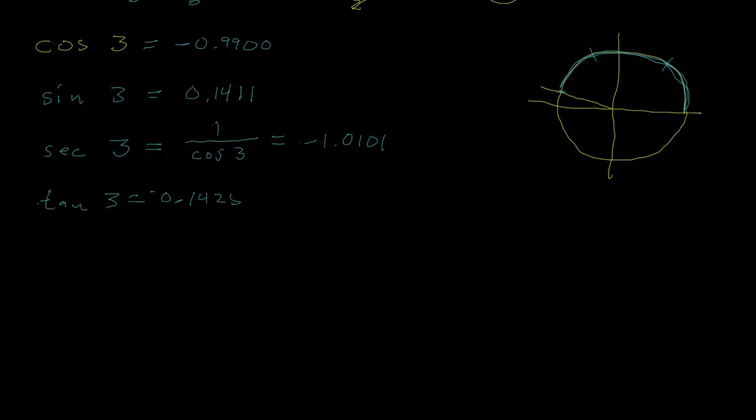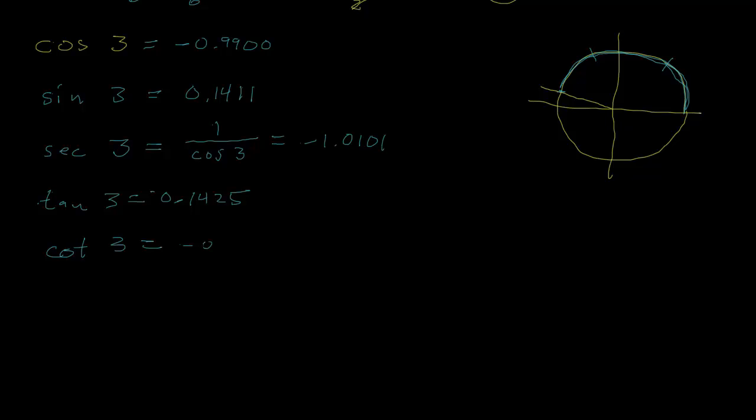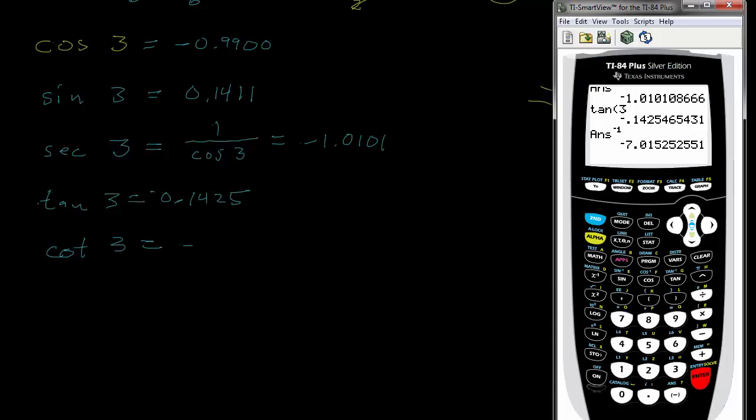If I want the cotangent, I can do that in a couple of ways, but if I already have the tangent, I'll just press this key. It's negative 7.0153. Let me look at that value again. Negative 7.0153.